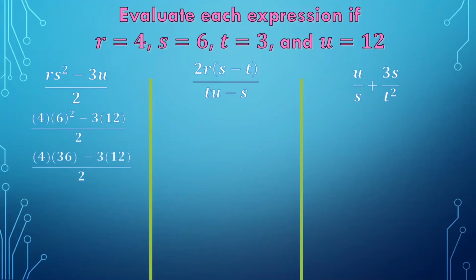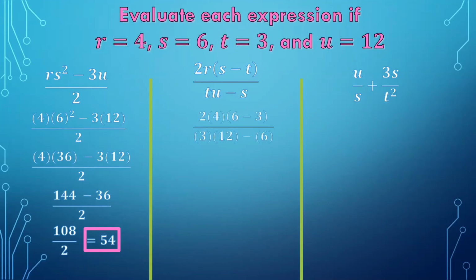I now can do multiplication so that I have 144 minus 36. I have to do my subtraction on top to get 108 divided by 2, which leaves me with 54. And that is the final answer on my first one. Okay.